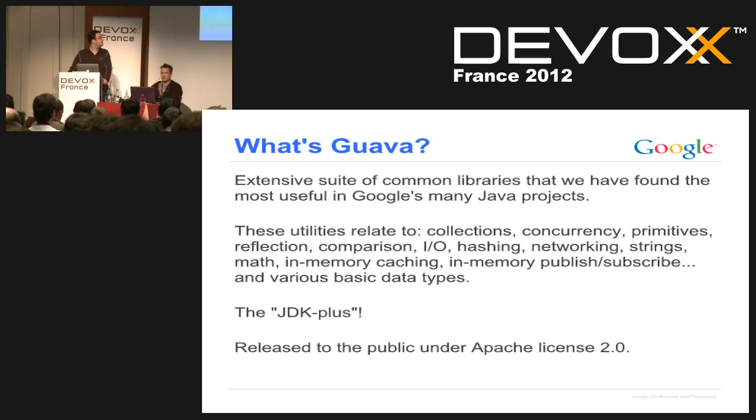The way we think about it is the things that you might have expected to find in the JDK, but one more level above that: the JDK plus, however many pluses you want to give it. It's released to you under the Apache 2.0 license.